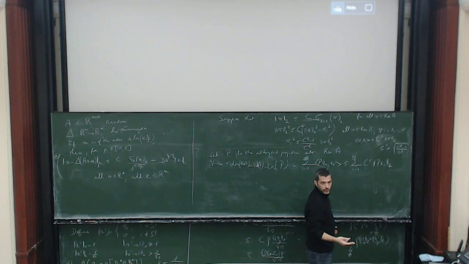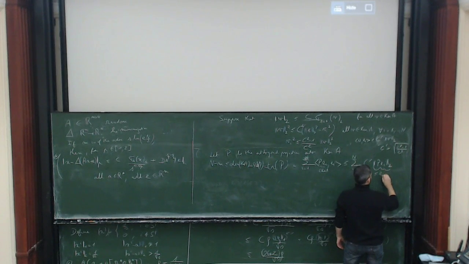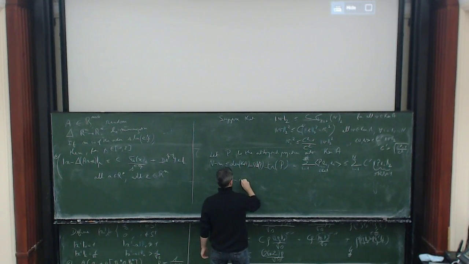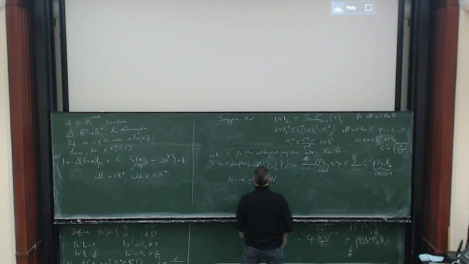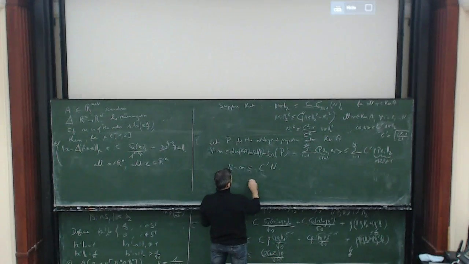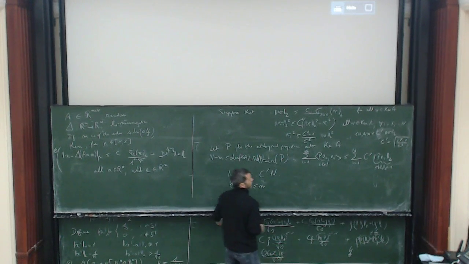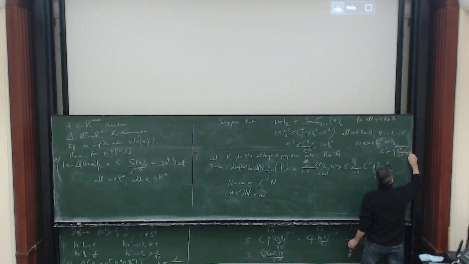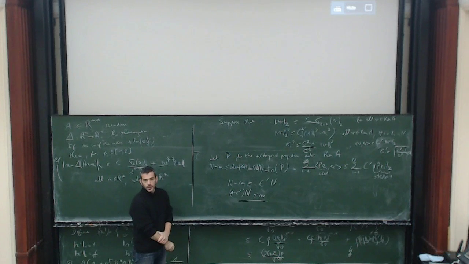But we have an orthogonal projection, so the norm of P of e_i is less than the norm of e_i in L2 norm, which is 1. So we've obtained that n minus m is smaller than C' times n. And so rearranging that, we obtain that m is larger than 1 minus C' times n, with C' less than 1. So m is larger than some constant times n.